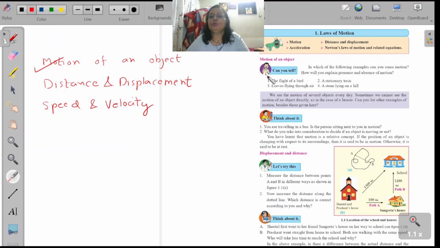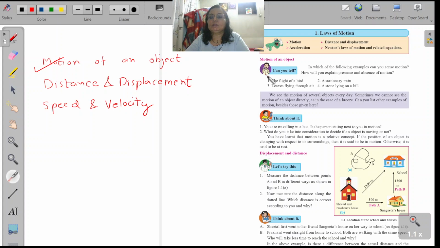Sometimes we are not able to feel the motion of an object. For example, a gentle breeze or a wind. We can feel it. We know the wind is blowing. Can we give some more examples? Yes, of course.